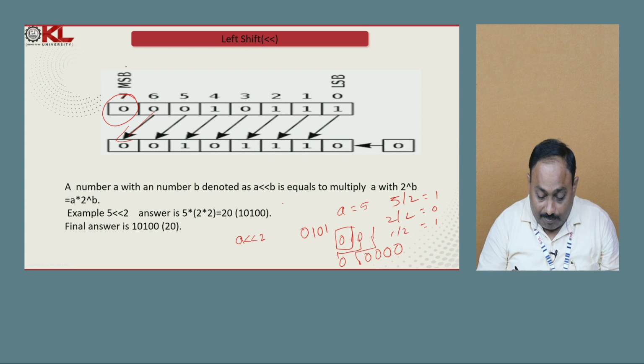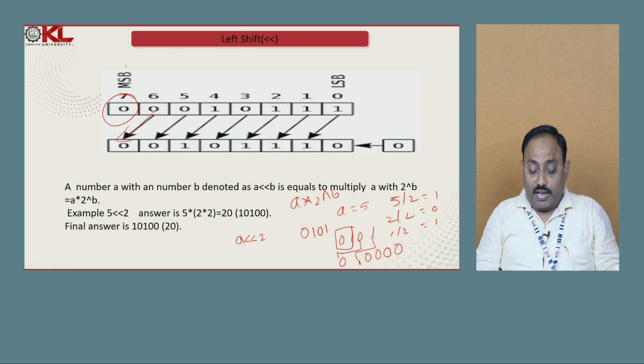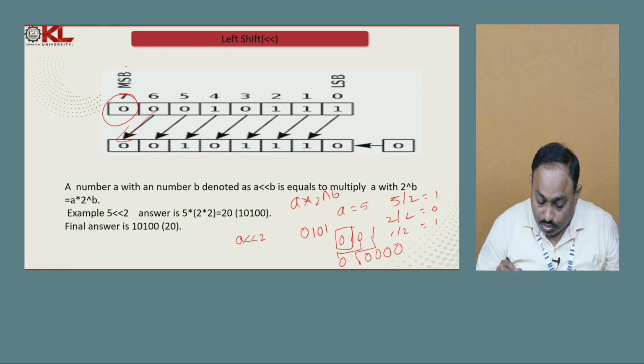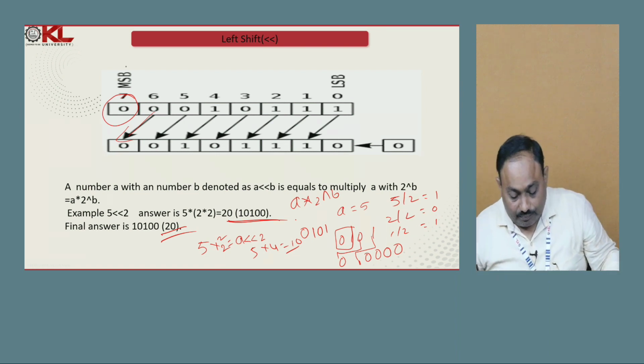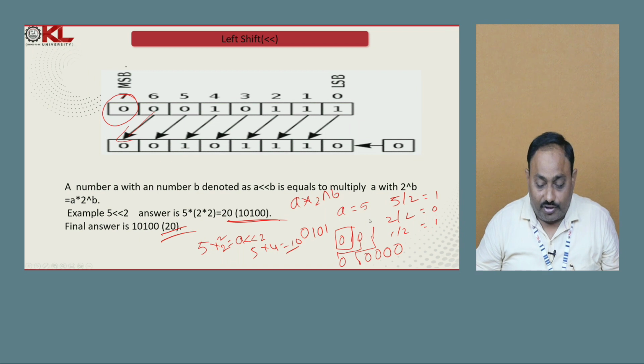For the left shift operation, we can simply write a into 2 power bits. For example, if I want to do 2 left shifts, then 2 power 2, that is 5 into 2 square, that is 5 into 4. Now the result is 20. Like that we can get the left shift operation.